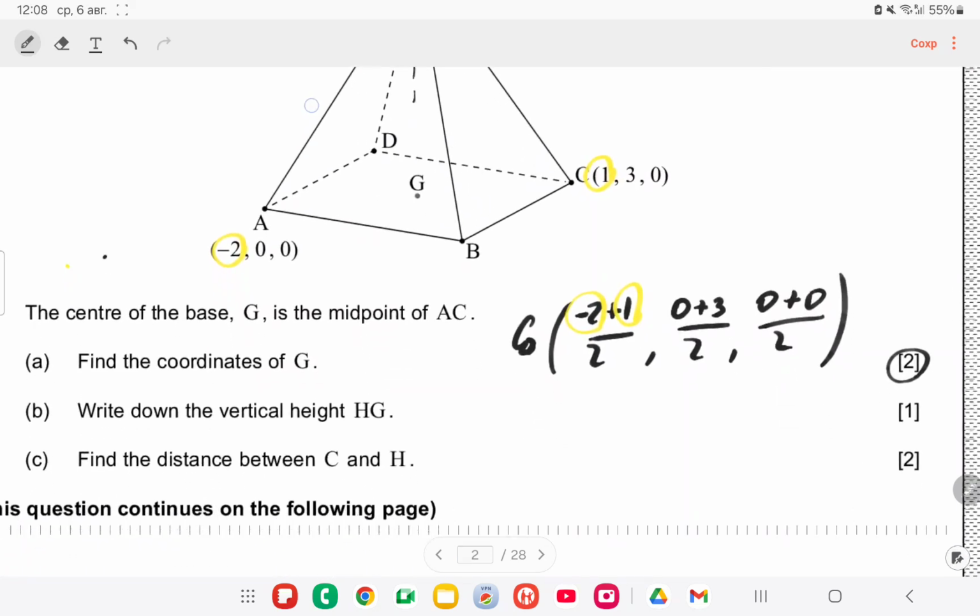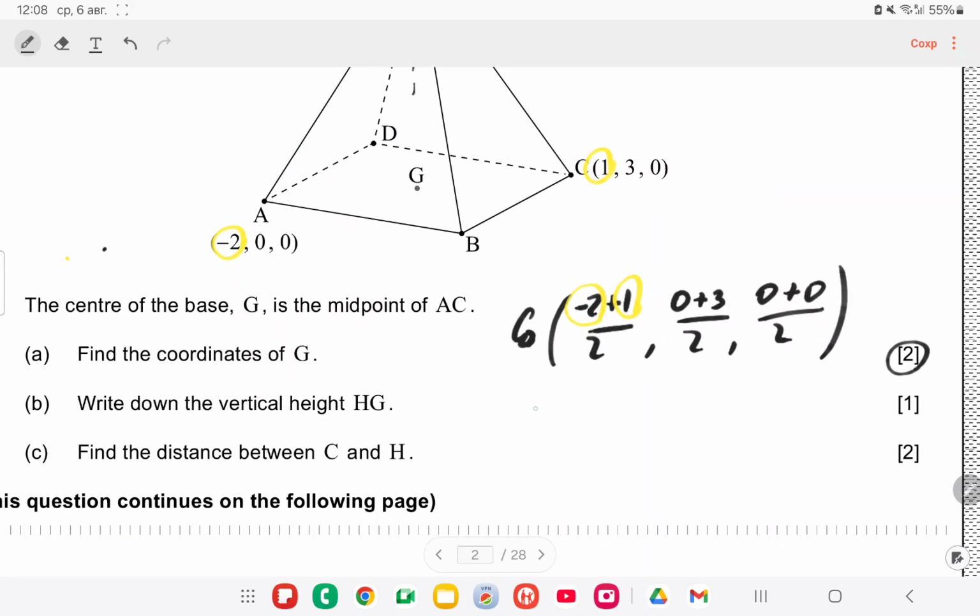And sure, we get the coordinates of G as minus 0.5, 1.5 and 0.